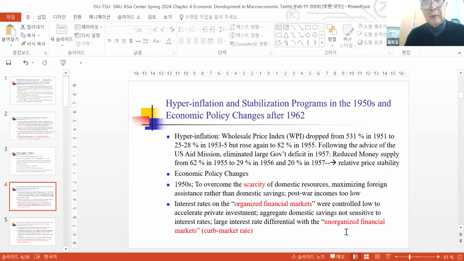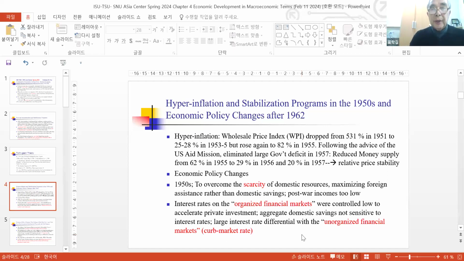Even right now, maybe Russia has two markets, black market and official market. We call the organized financial market the official market, and the unorganized financial market the curb market or black market.